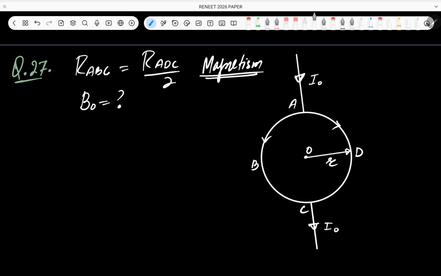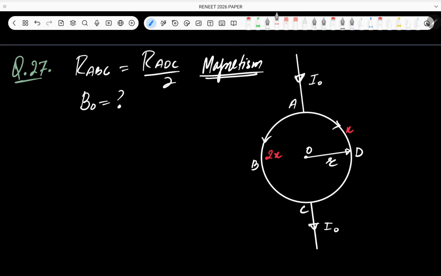Now there are two similar semicircles, but it is given that the resistance is not the same. Resistance of ABC is less than the resistance of ADC. It is half of it. So that means the current will not be equally divided. It will be divided in such a way that the current here is 2 times, because its resistance is less. So current will be something like 2x, and the current here will be equal to x.